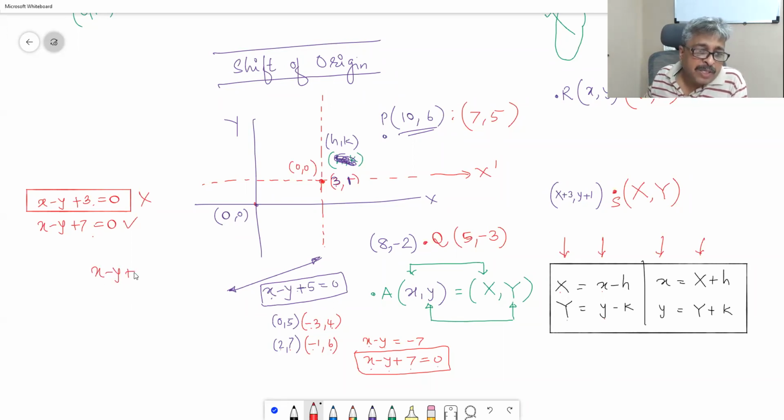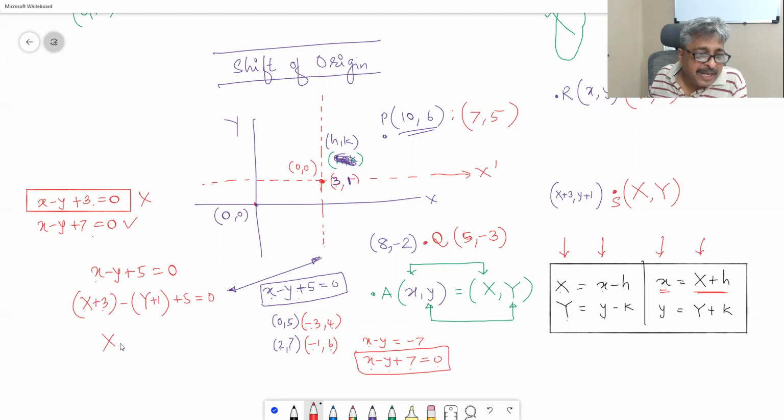X minus y plus 5 is equation of line in old system. And you want equation of line in new system. Therefore, you should replace x by capital X plus 3. That is, capital X plus 3 is the value of old x, minus capital Y plus 1 is the value of old y, small y, plus 5 is equal to 0.